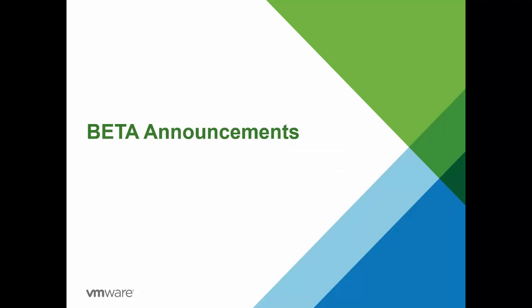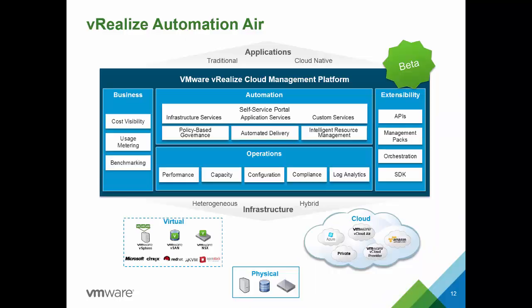Last part of this presentation, we're going to talk about some of the beta announcements at VMworld. The first one is going back to what we were just talking about with the vRealize family of products. We have the vRealize Automation Air. So this is the first as-a-service out in vCloud Air type of offering that is kicking them off. This is again in beta.